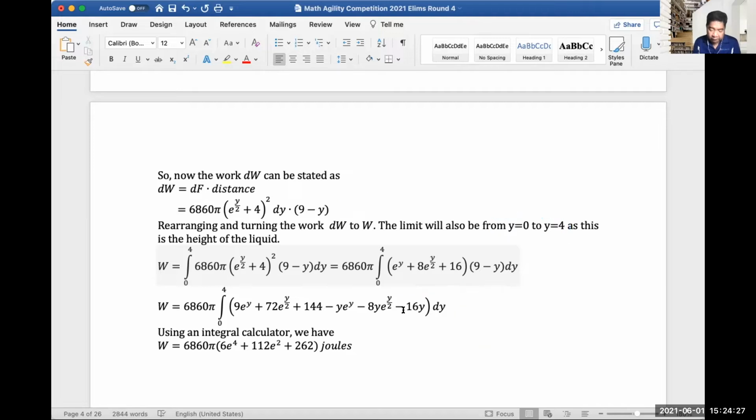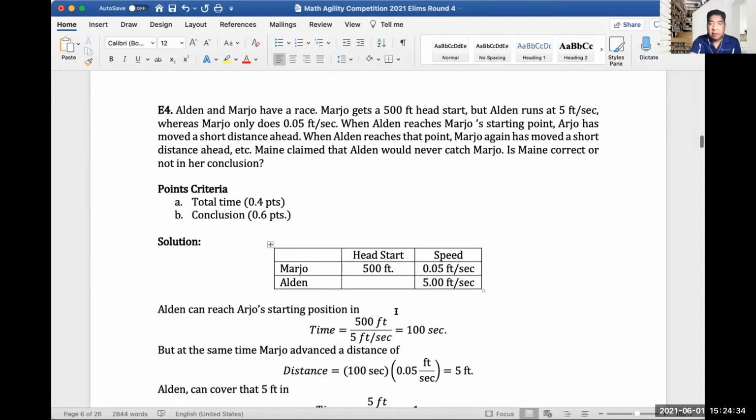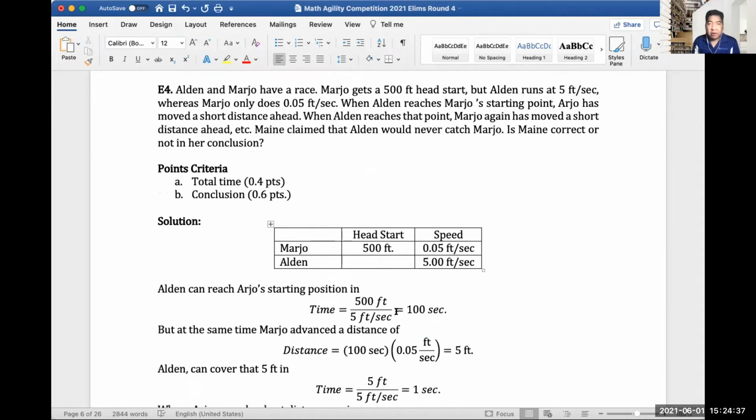Okay, so let's move to the next problem, problem number 4. Let's read the problem. Alden and Marjo have a race. Marjo gets a 500-foot head start, but Alden runs at 5 feet per second, whereas Marjo only does 0.05 feet per second. So that's the speed. When Alden reaches Marjo's starting point, Marjo has moved a short distance ahead.